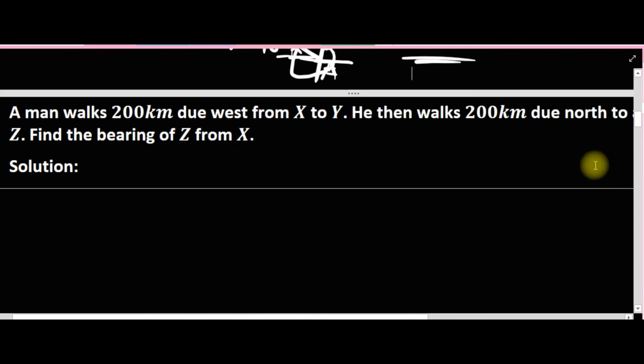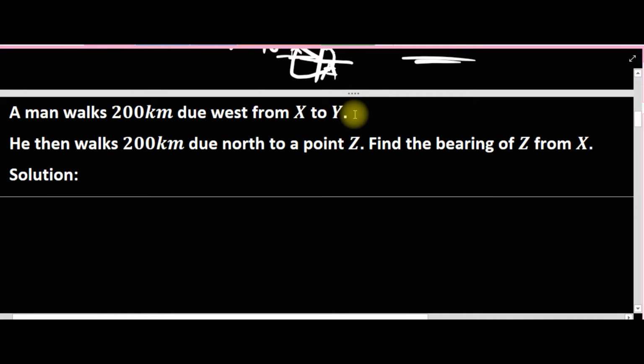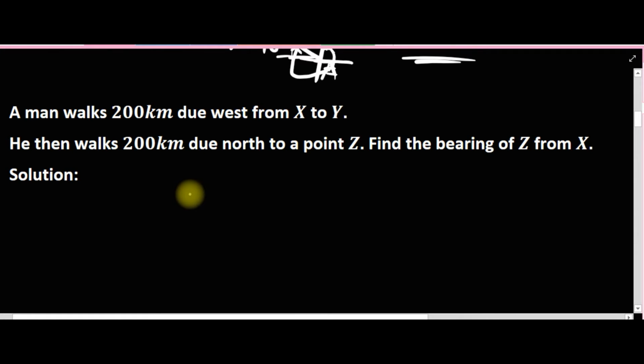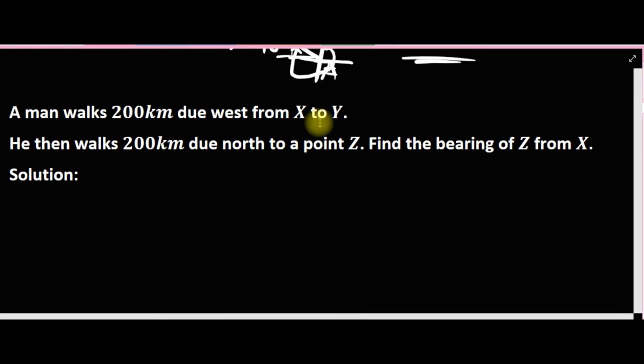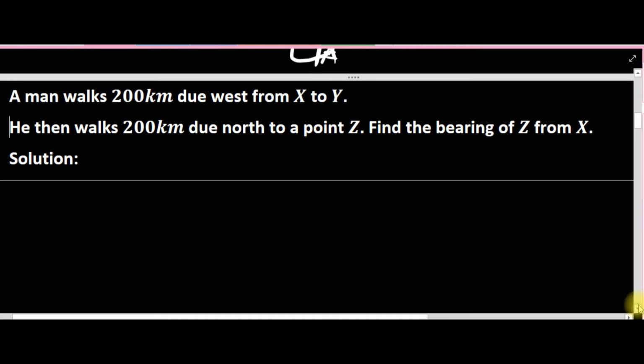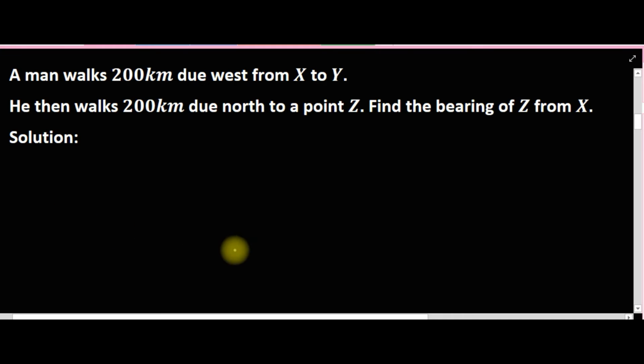They said a man walks 200 kilometers due west from X to Y. Then he walks 200 kilometers again due north to a point Z. Find the bearing of Z from X. So we'll draw the diagram. He started from here, from X, with north, south, east, west.